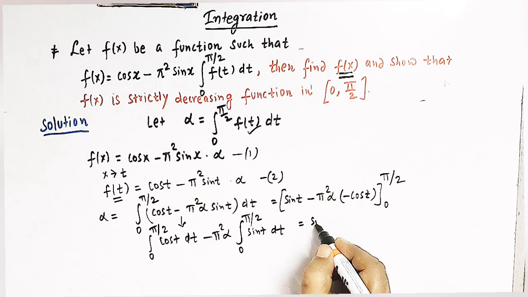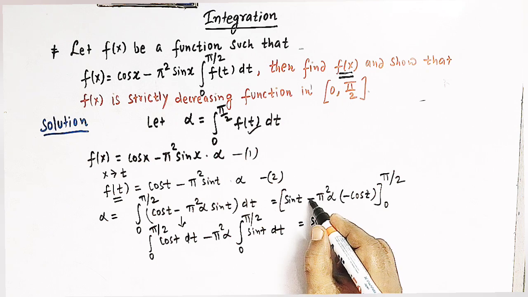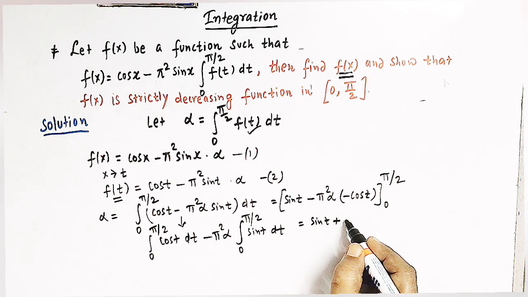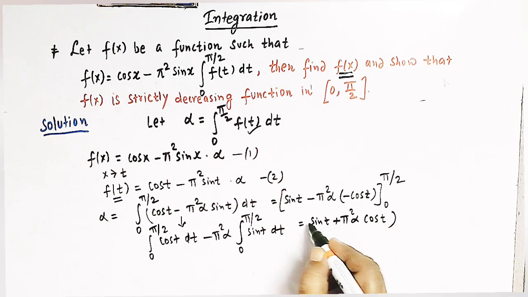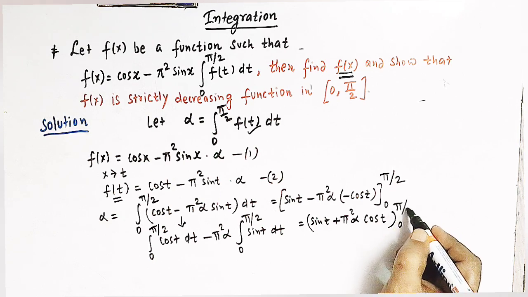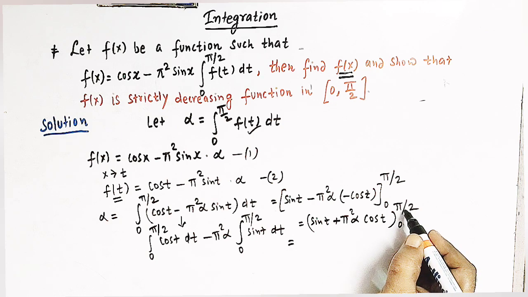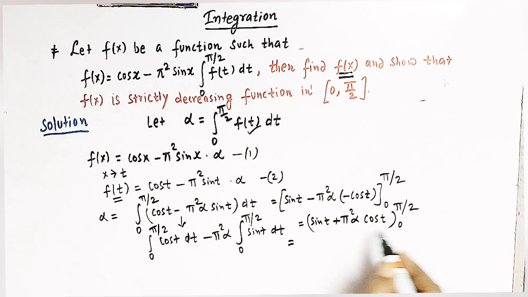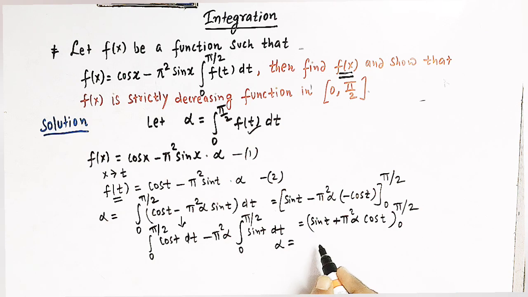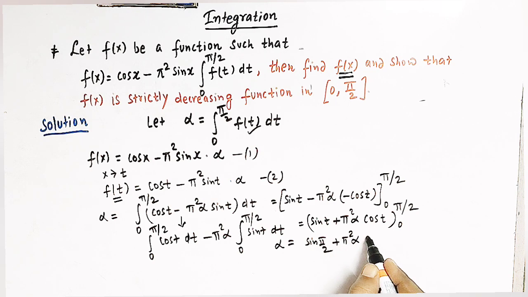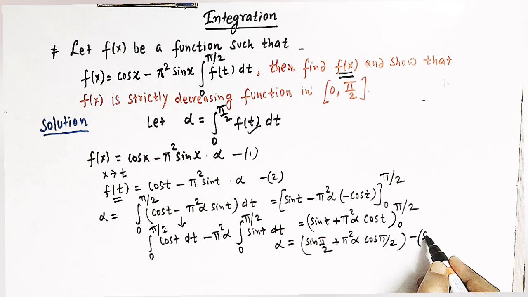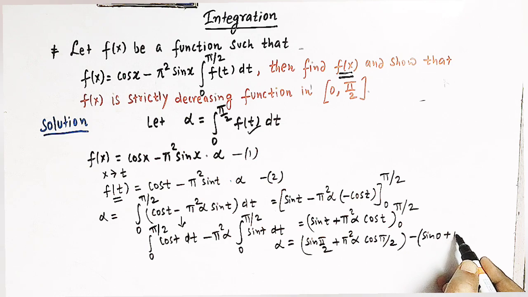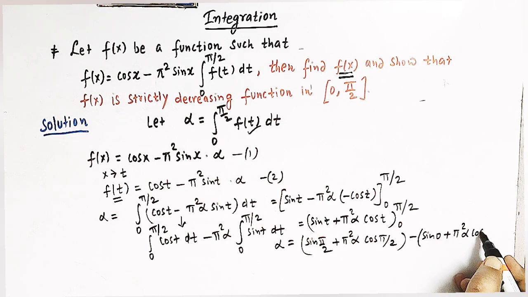So now we have sine t, and here minus and minus multiplied together gives us a positive sign, and here we have pi square alpha cos of t, and limits of integration are from 0 to pi by 2. Now let us substitute the limits and take the difference. So the value of alpha is now sine pi by 2, then we have pi square alpha cos of pi by 2, and then we have minus sine of 0 plus pi square alpha, and here we have cos of 0.